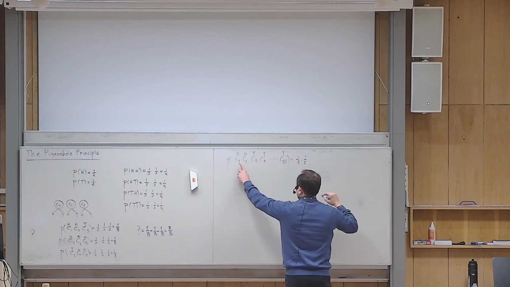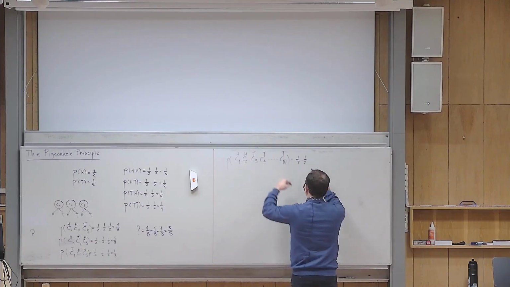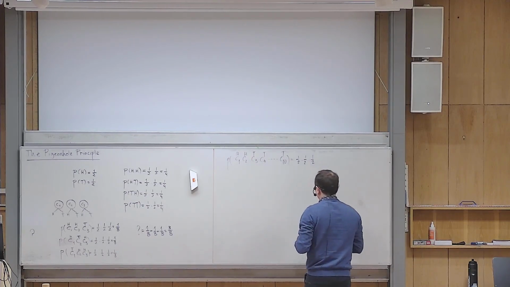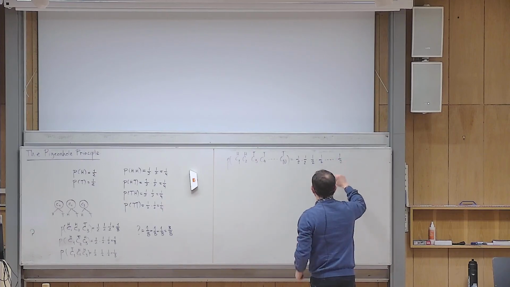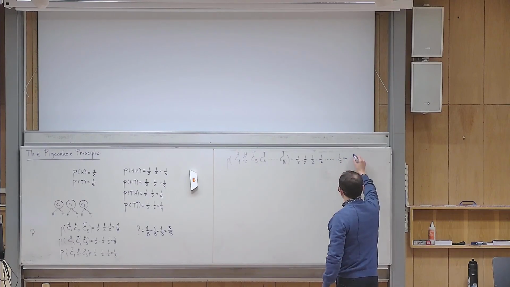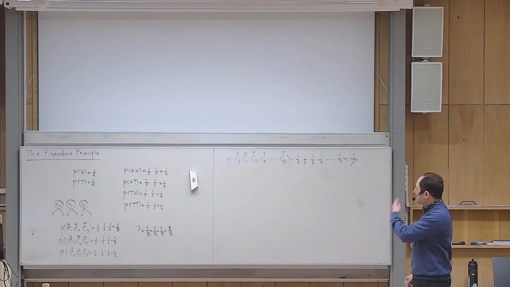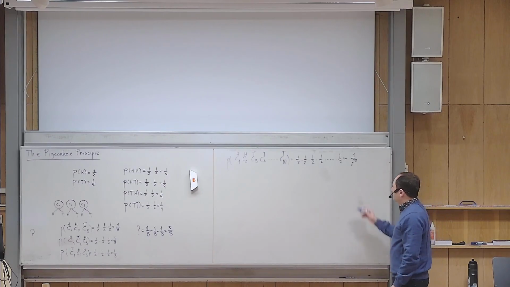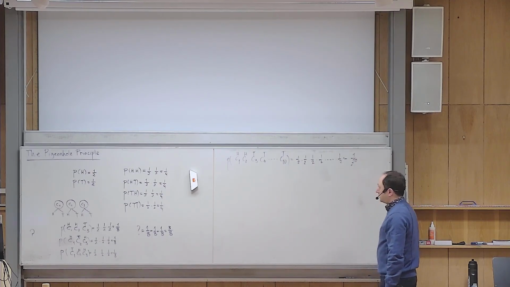Meaning this is the probability of the first one turning out to be heads, the second one heads, the third one heads is also 1/2, because I'm assuming that my coin is a fair coin, and then I continue until 1/2. So this calculation is easy, 1/2 to the power of 10, yes? Because I have 10 of them multiplied together. The exact number doesn't matter here, so you can keep it like this.